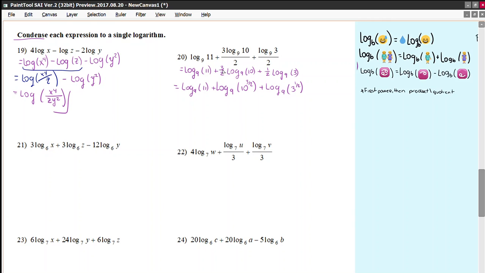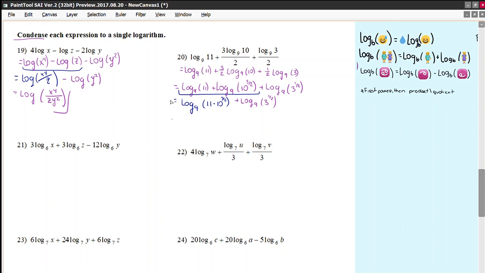Now all my logarithms are left with no coefficient multiplying them, so I can use the product property. That means that all these are going to go logarithm base 9 of 11 times 10 to the power of 3/2. That was the condensation of these two, plus logarithm base 9 of 3 to the power of 1/2.